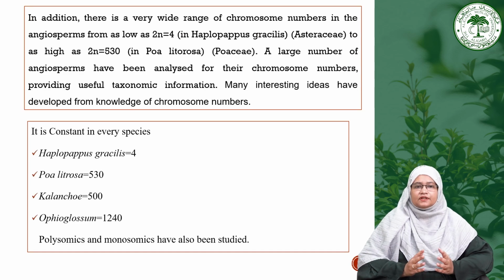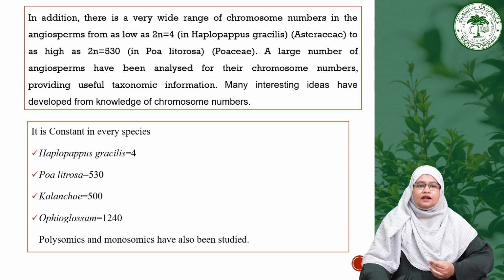In addition, there is a very wide range of chromosome numbers in angiosperms, from as low as 4 in Haplopappus gracilis, which belongs to the family Asteraceae, to as high as 530 in Poa litorosa, which belongs to the family Poaceae. So you can see there is a large variation in chromosome number from 4 to 530.